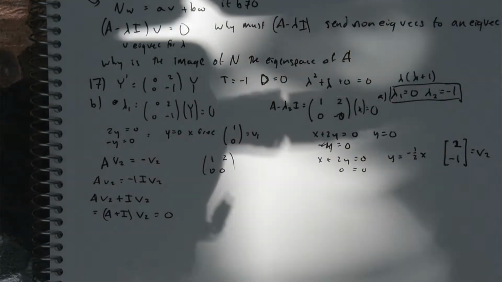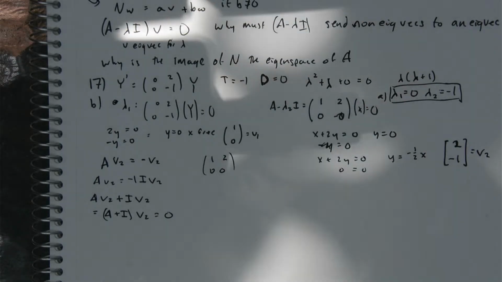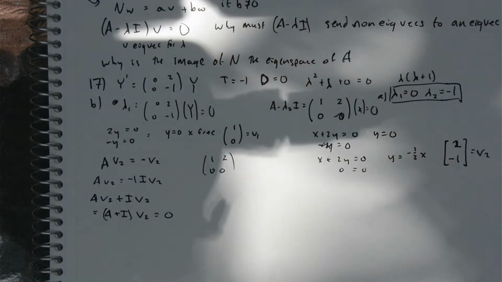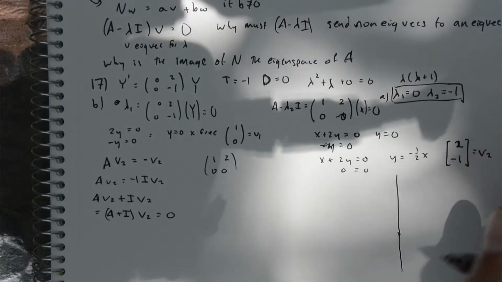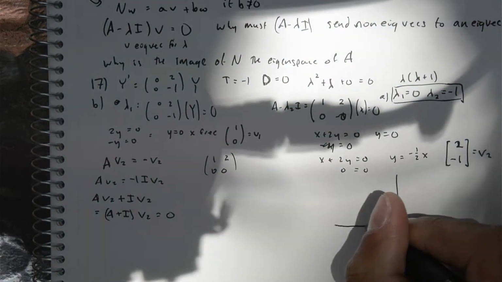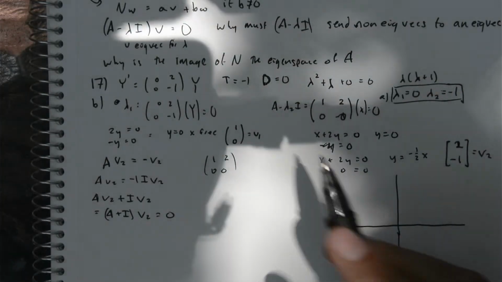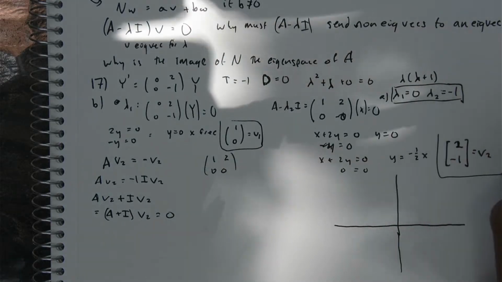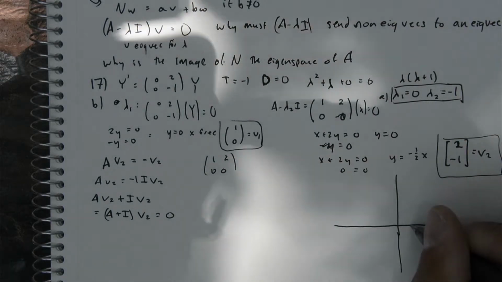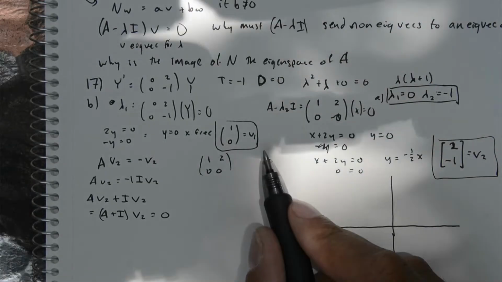So in the case that there's a 0 eigenvalue, let's do a nice drawing. Okay. So we have v1, v2. So 1, 0. So this whole line, and this is lambda equals 0.